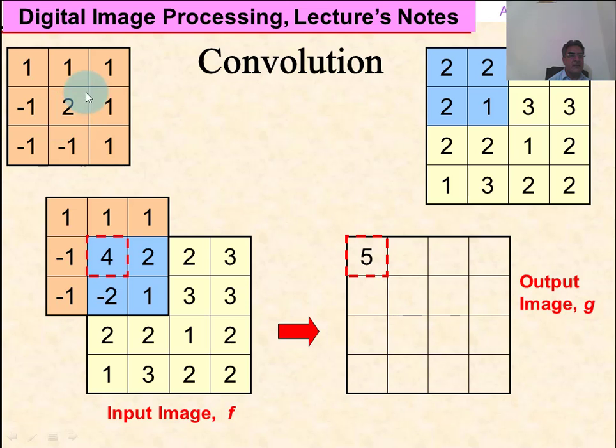Then these 4 values of the kernel or the filter will work, and when we multiply these values, the remaining values will be multiplied with zeros, and only these values will be added. 4 plus 2 plus 1 will become 7, minus 2 will become 5, and this first value of the image has updated from 2 to 5.